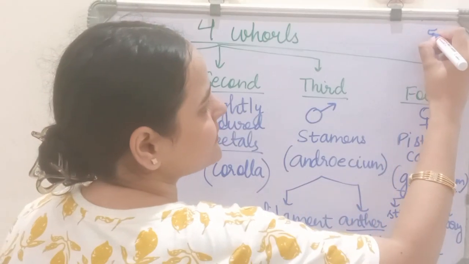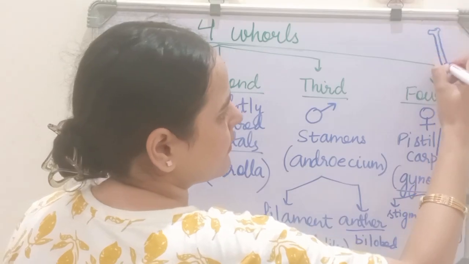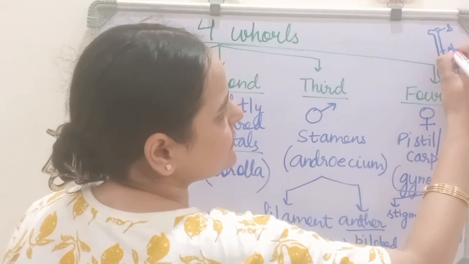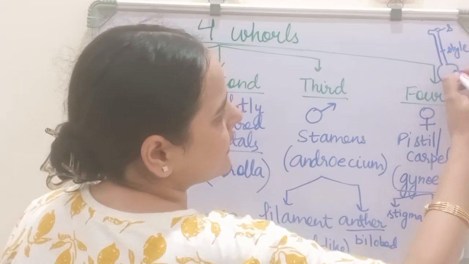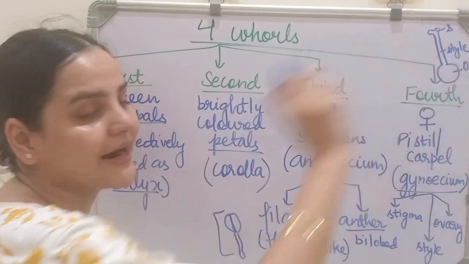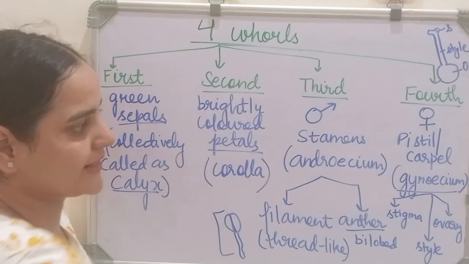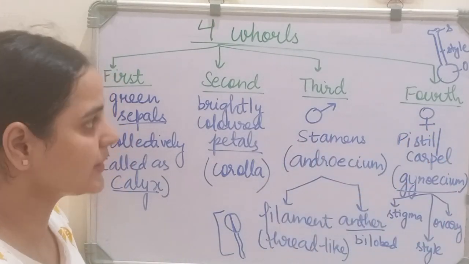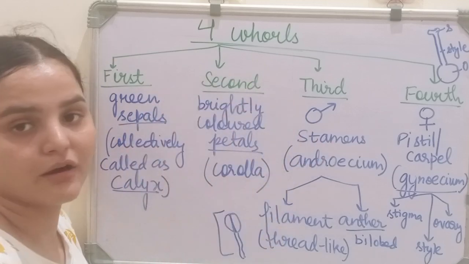It was like this. This was stigma, this was style, and this was ovary. Upper part, middle part, and lowermost part. Collectively, this pistil or carpel is known as gynoecium. So this was all about the whorls of a flower.